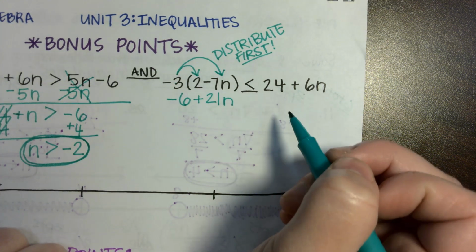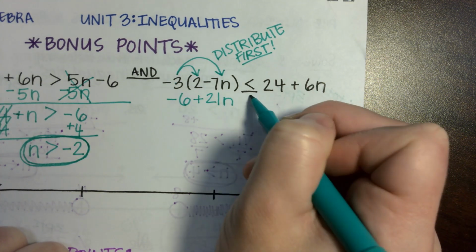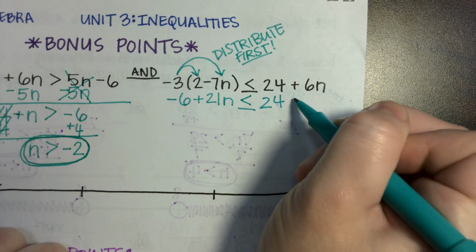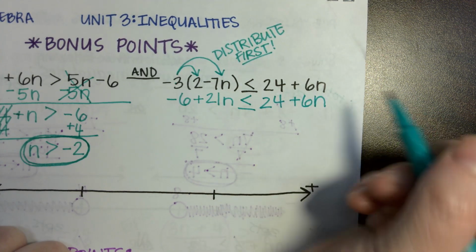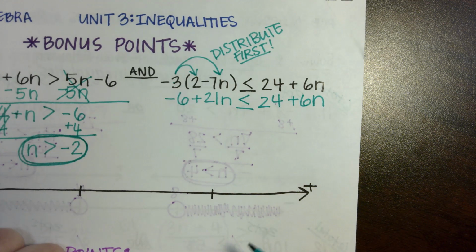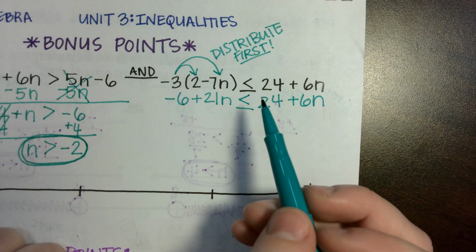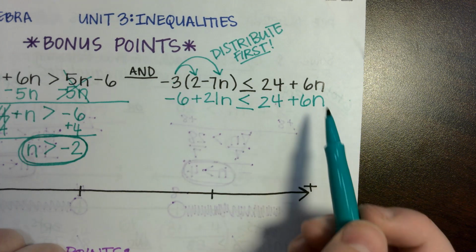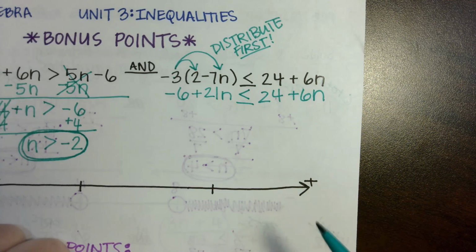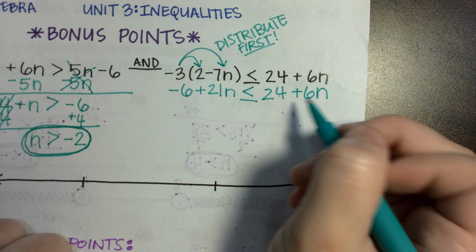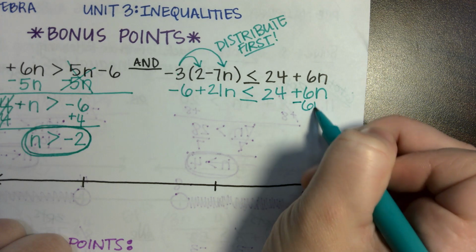Okay, what happens next? Perfect. We're just going to bring down the rest of our inequality. Less than or equal to 24 plus 6n. Now I have a regular inequality with variables on both sides. So what should I do next? Yes.